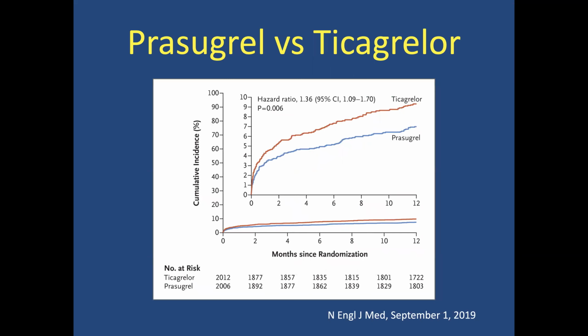So PLATO and TRITON were the 2 trials which looked at ticagrelor or prasugrel versus clopidogrel. This is the ISAR-REACT trial, published in 2019 in the New England Journal of Medicine, which actually looked at prasugrel versus ticagrelor. This was an open label trial of patients who were managed post-PCI, post-CABG, and medically.